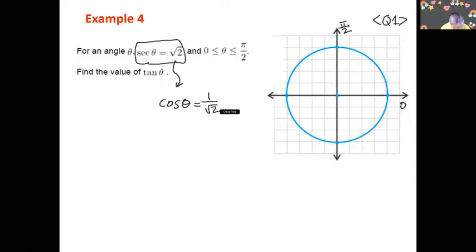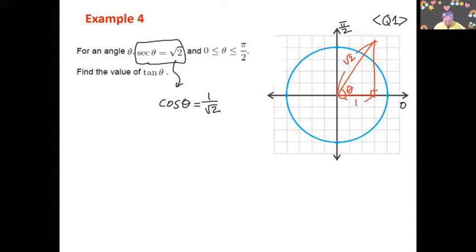Also in quadrant 1, we can utilize the reference angle and right triangle posed in this way. If cosine is 1 over square root of 2, then the hypotenuse is square root of 2 and the adjacent is 1. So this is the adjacent, and this is 1 here, right?